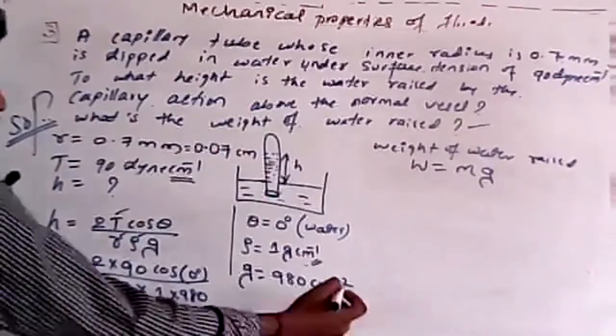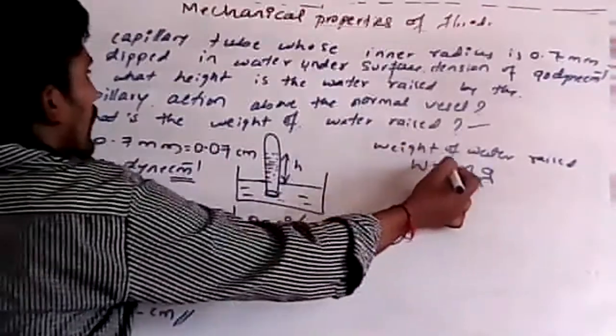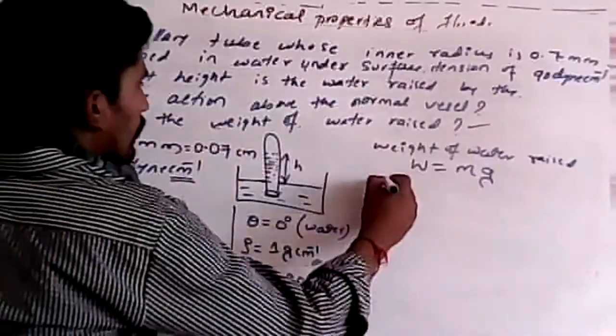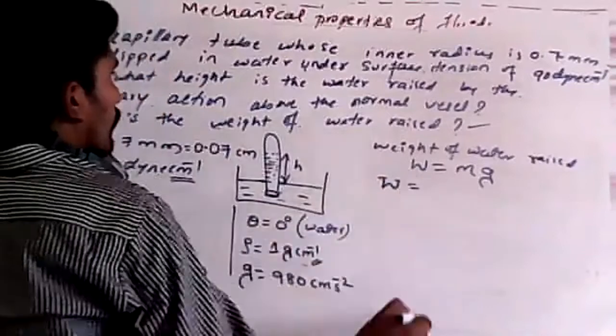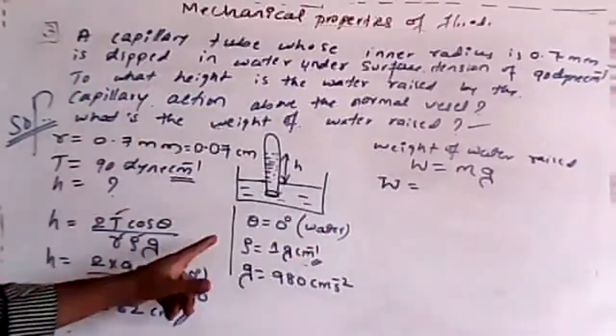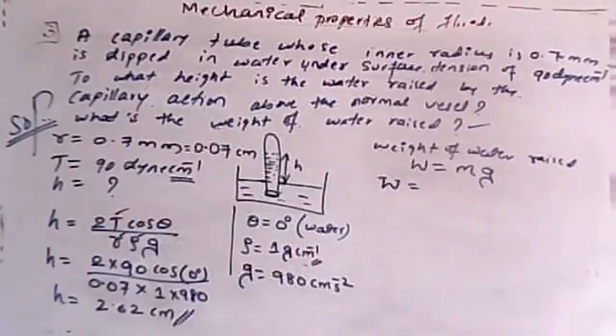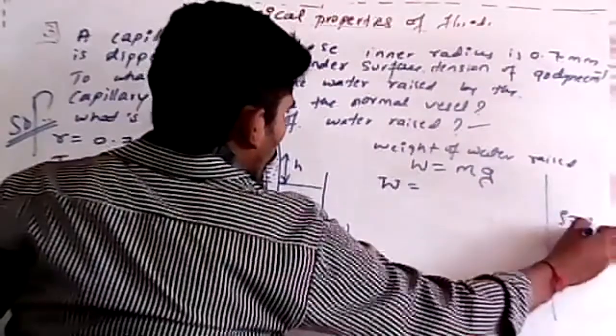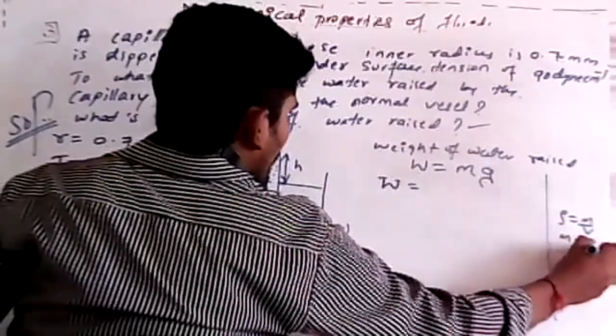But remember students, in this particular case they asked for the weight of the water raised. We don't know the mass; mass is not given anywhere here. But how to calculate this? We already know density is mass by volume, so mass is density into volume.